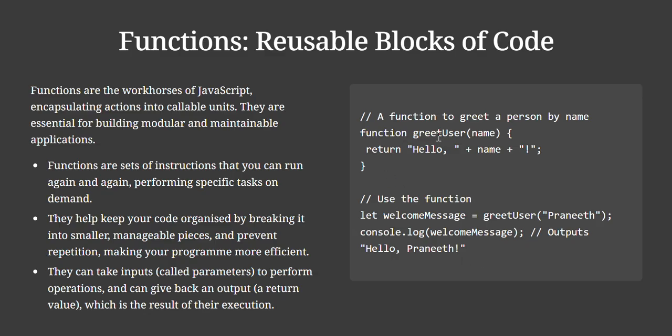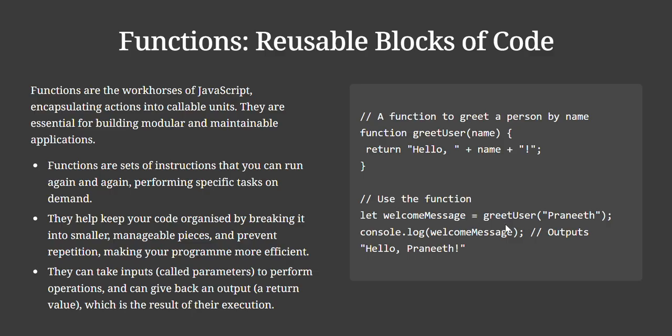Here we declared a function greetUser. The name is a parameter. We have written hello plus name, which we are going to pass into this function, and an exclamation mark. Later, we have stored Praneet in welcomeMessage. So now console.log welcomeMessage will print the value stored in welcomeMessage.